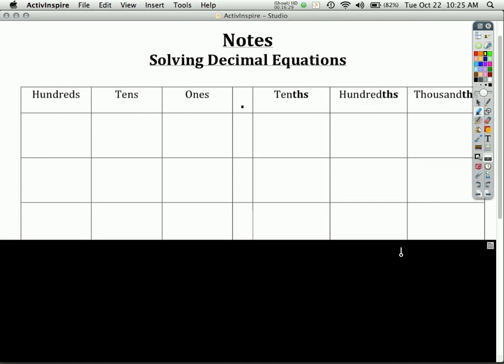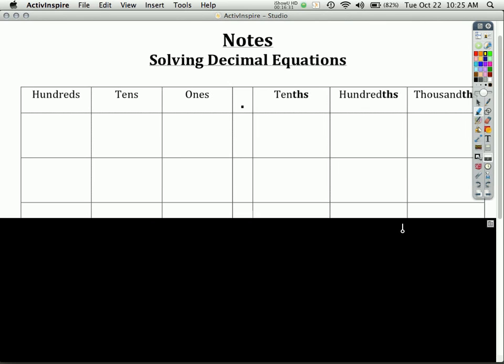So everyone has a table like this set up. You should have these terms across the top: hundreds, tens, ones, tenths, hundredths, thousandths. Now, I did some research online before setting up this lesson, and I figured out that somewhere around 1st and 2nd grade you learned these words: ones, tens, hundreds.